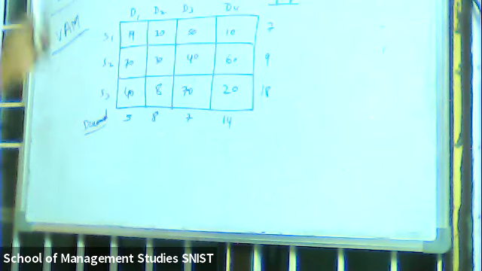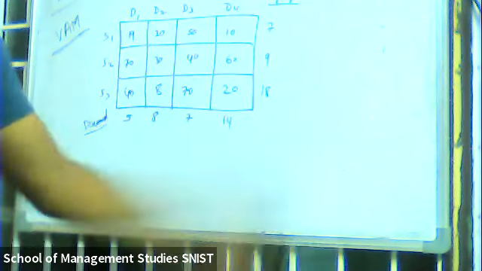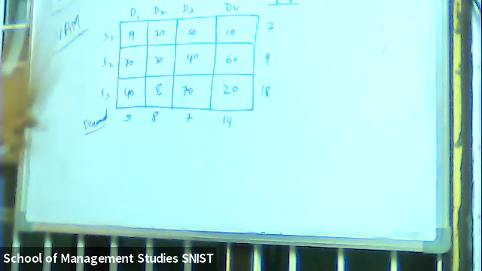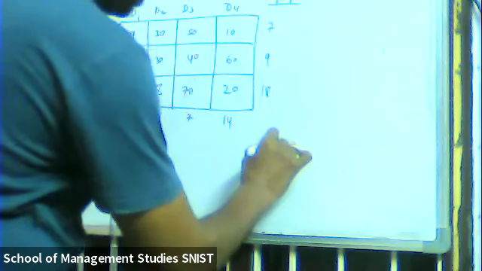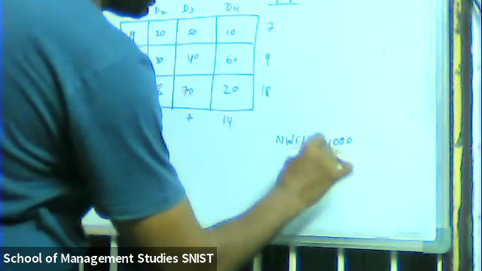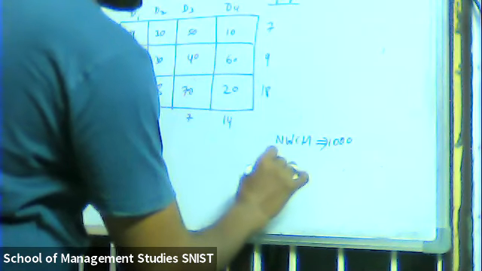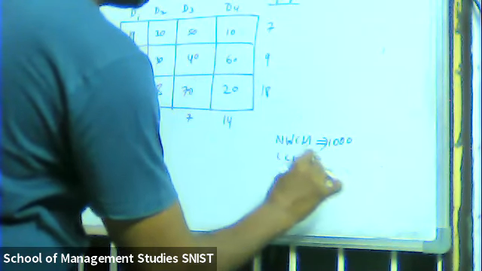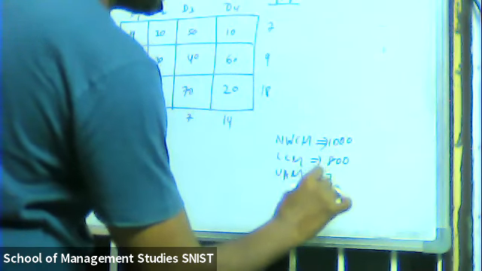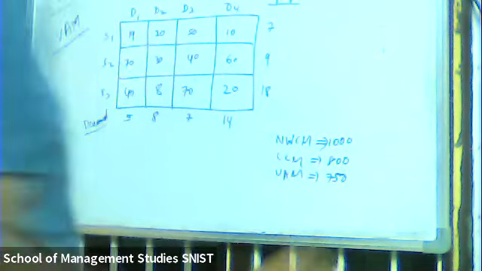So apply the 3 methods and show the transportation cost. When you apply the northwest corner method, maybe you get 1000. If you apply the least cost method, maybe you get 800. If you apply the VAM method, maybe you get 750. So which one is the best one?